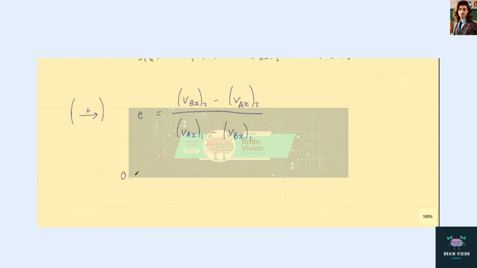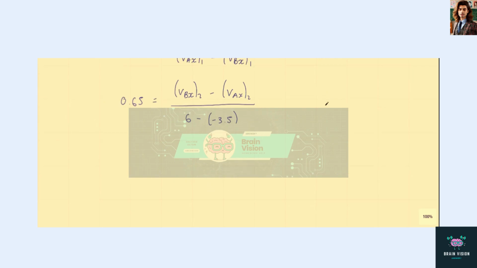This coefficient of restitution is given as 0.65, and this is equal to VBx2 minus VAx2 over 6 minus 3.5.